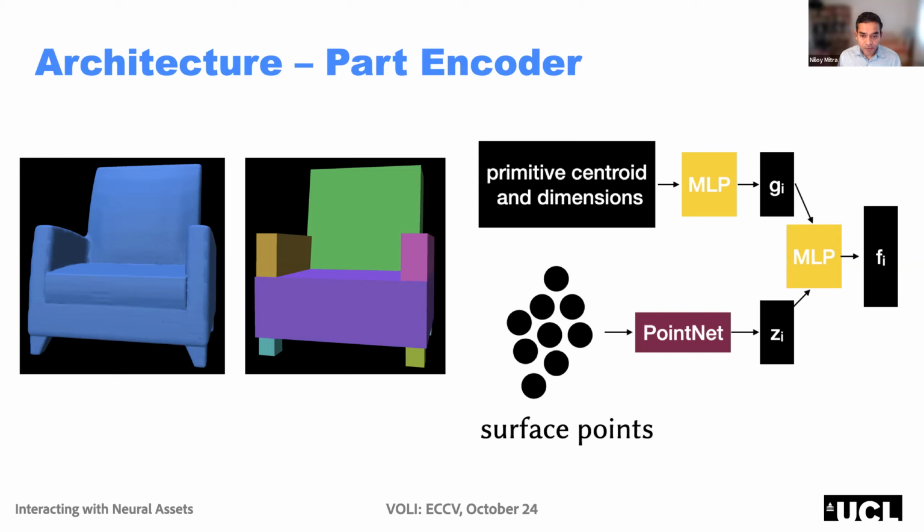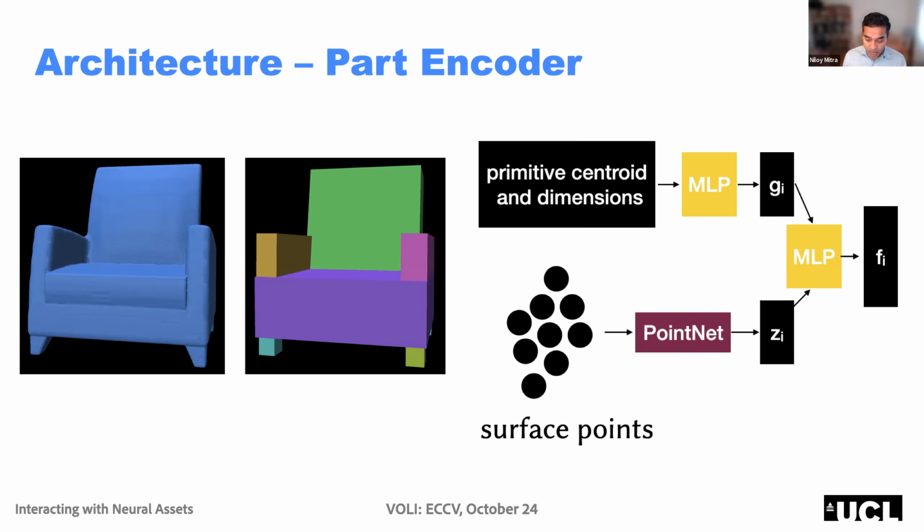And then the surface points, as we have in the bottom branch, these two are combined. The two latent codes, GI coming from the latent code of the individual cuboids, and ZI, the point codes, together form a feature vector Fi. At this point, the Fi is aware of only the current primitive. It is not aware of the rest of the primitives.